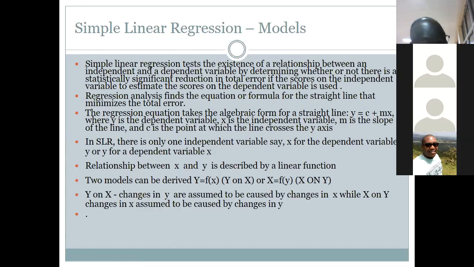Please note that. You build a Y on X regression line. If you want to predict Y given X, then for given values of X, you build a Y on X regression line.